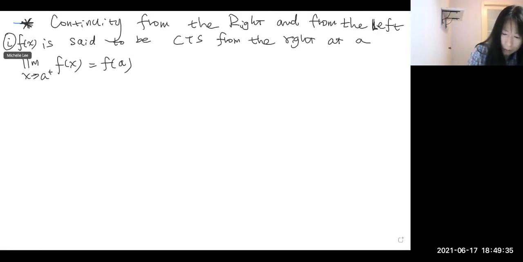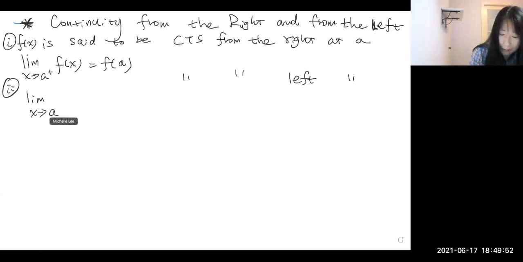Second one: continuous from the left. We make x approach a from the left, right? The limit of f(x) equals f(a).